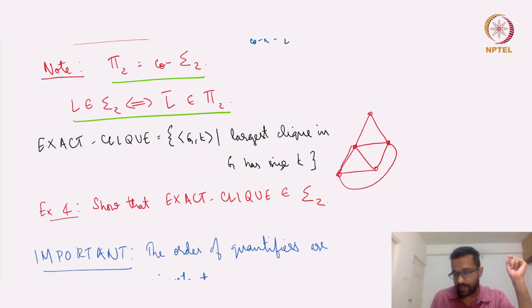Now show that exact clique is in sigma 2. So you have to write it: there exists a clique of size k, and for all sets of size bigger than k, there is no clique. Right? So this is the rough high-level idea. You can try to figure out how to write it in a logical sense in a way that is verifiable in polynomial time.